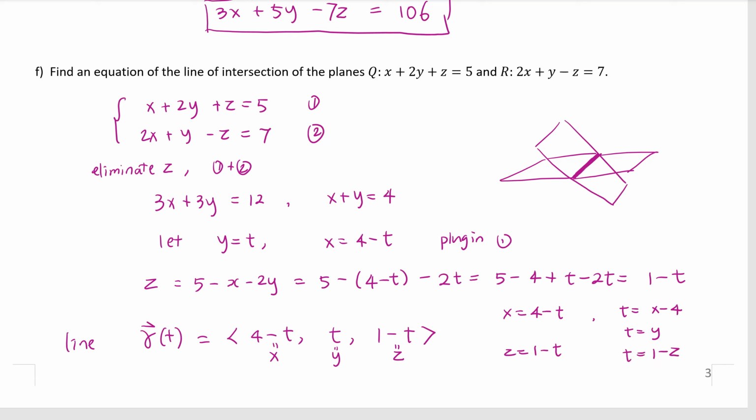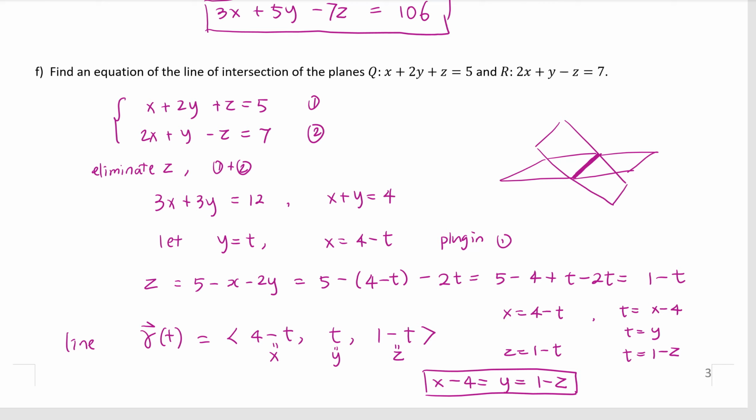Then you can have x minus 4 equals y equals 1 minus z. So this is the equation of the line without the t. This other one is the parametric form of the line. So far, so good, everybody?